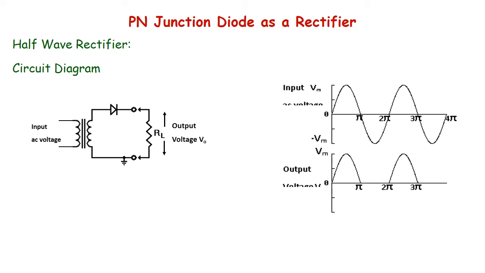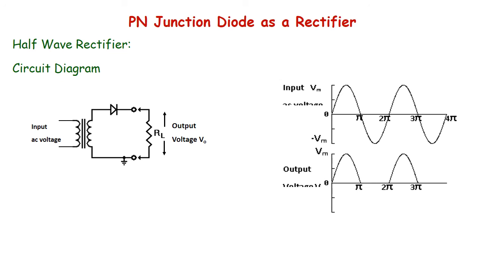Just like any device that you buy, if you buy a motor, you look at the horsepower and the efficiency of the motor, or if you buy a computer, you look at the screen size, resolution, RAM capacity and so on. Similarly, when you look at a rectifier, there are two parameters of importance.